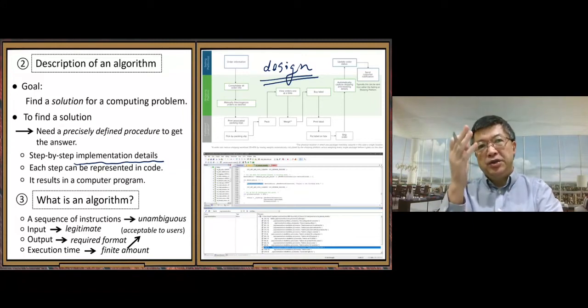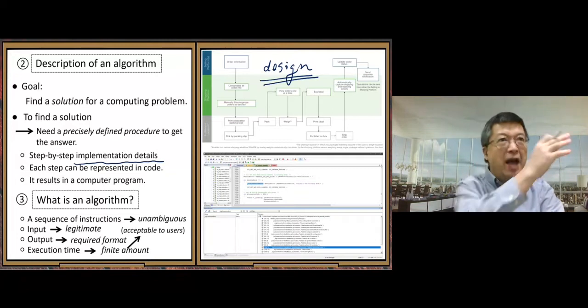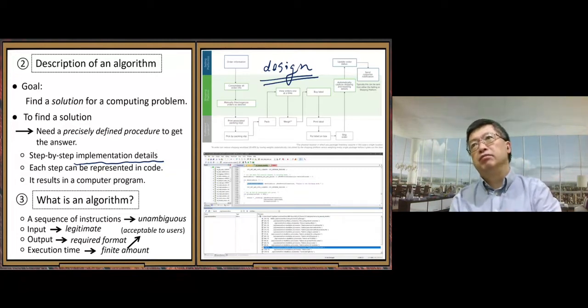So you can imagine this factor, the performance. We want to make our algorithm as fast as possible. So we will see that.